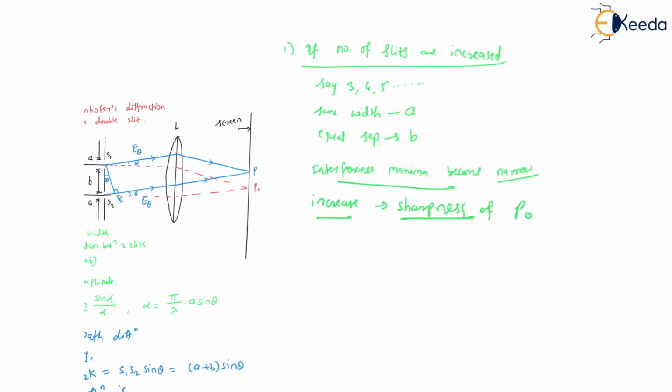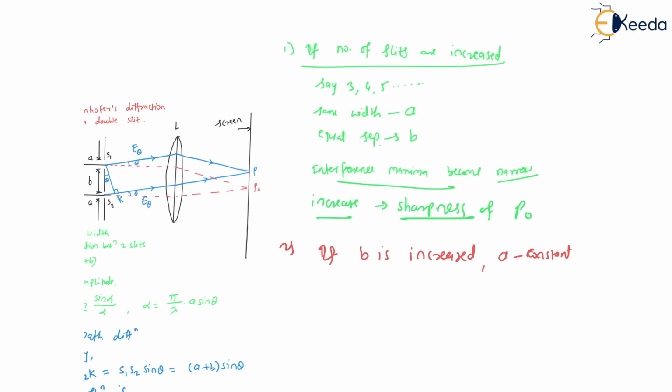Now if we increase the value of b, that is the separation, suppose a is constant. a means slit width, and b is the separation between those slits.